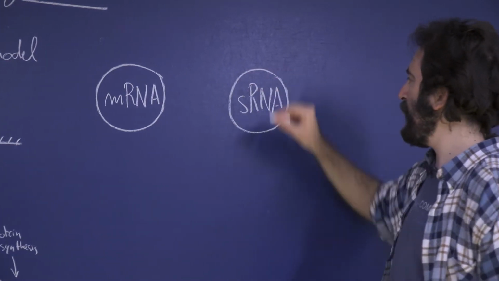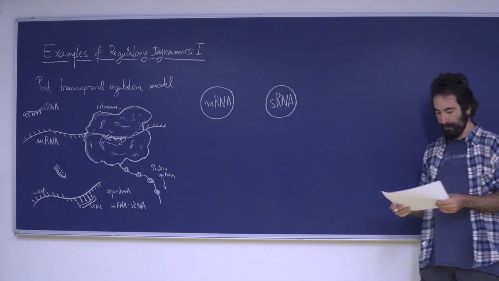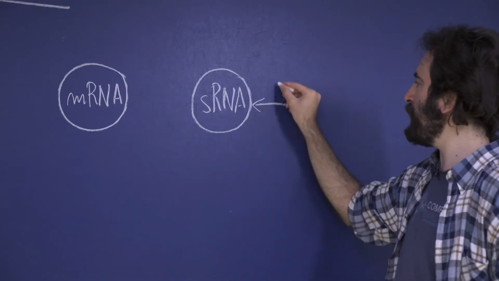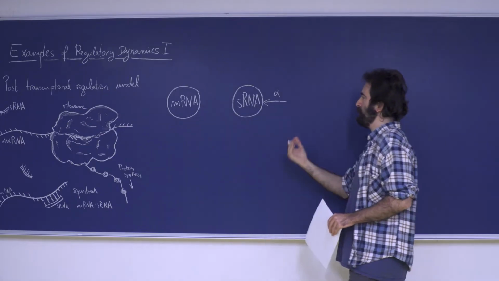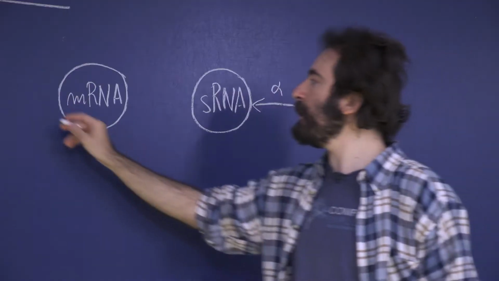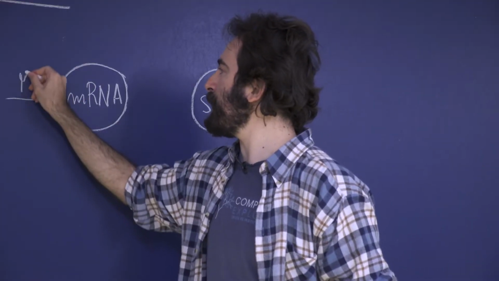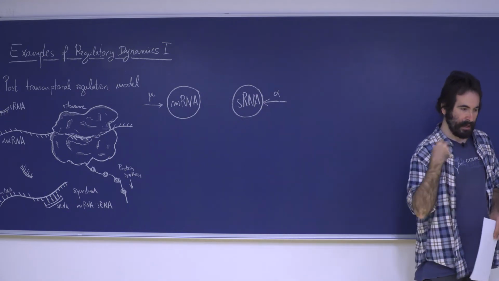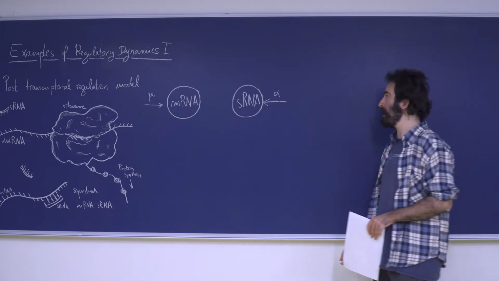And this is being generated at some particular rate alpha, and this at some particular rate mu. So they are just being introduced into the system at these rates.